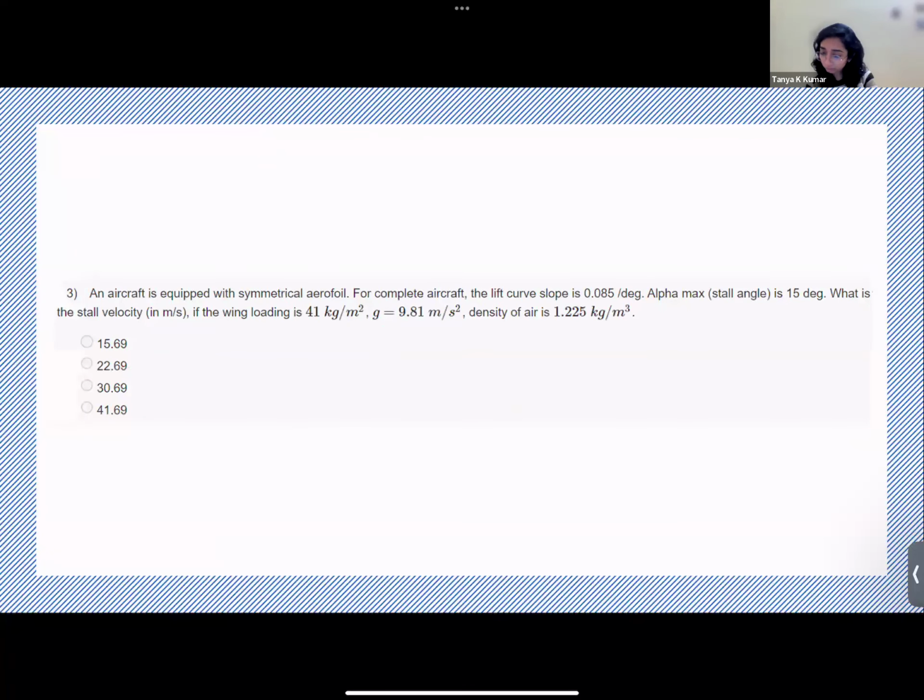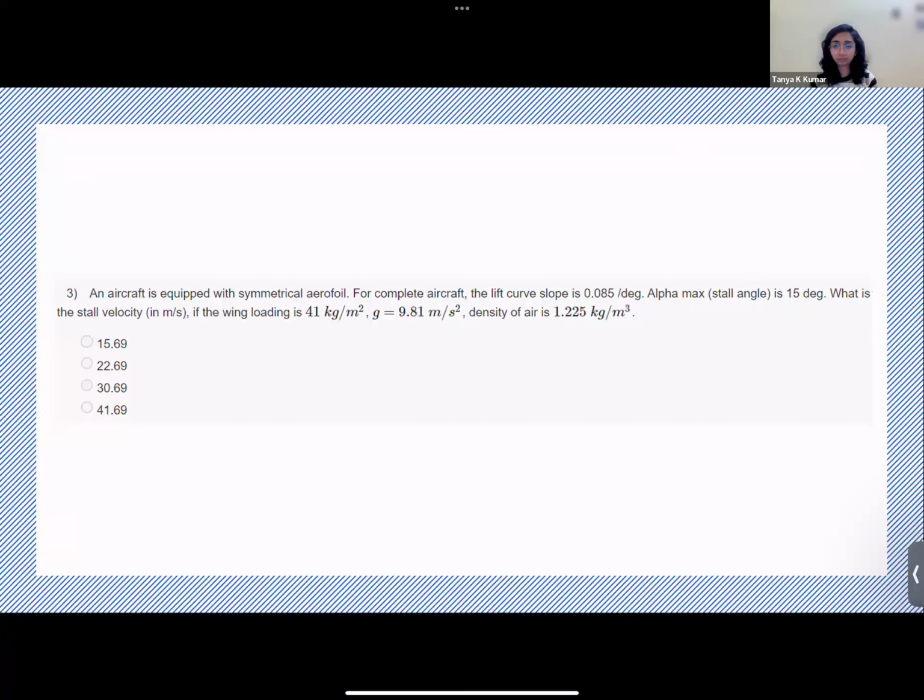Okay. Now, an aircraft is equipped with a symmetrical airfoil. With a complete aircraft, the lift curve slope is 0.085 per degree. Alpha max or the stall angle is 15 degrees. What is the stall velocity if the wing loading is 41 kg per meter square? Acceleration due to gravity is 9.81 meter per second square and density of air is 1.225 kg per meter cube.